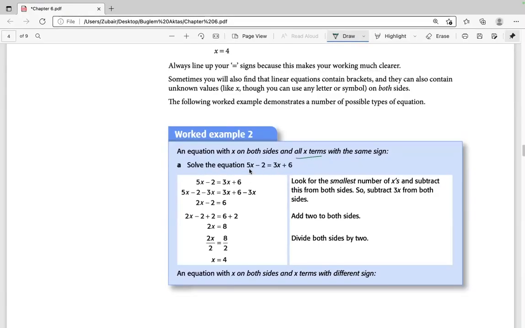Obviously, we bring all the variables first to one hand side. 5x minus 2 is equal to 3x plus 6. So I'm bringing x to the left hand side. Sign changes when we move across the equality sign. And 5 minus 3 is 2x, 6 plus 2 is 8, x is equal to 8 by 2, and x is equal to 4. So these are solving linear equations.